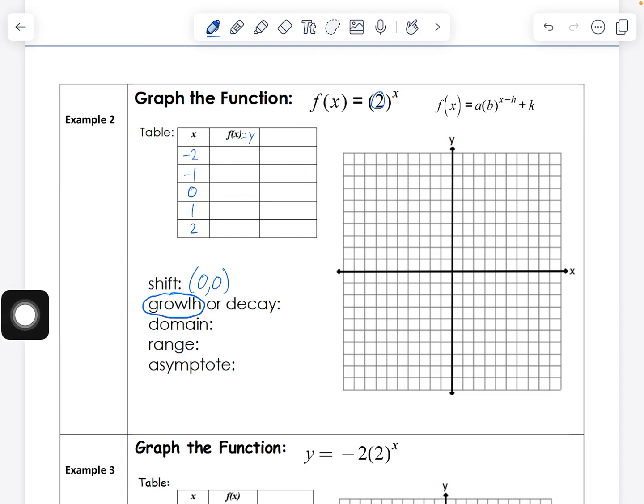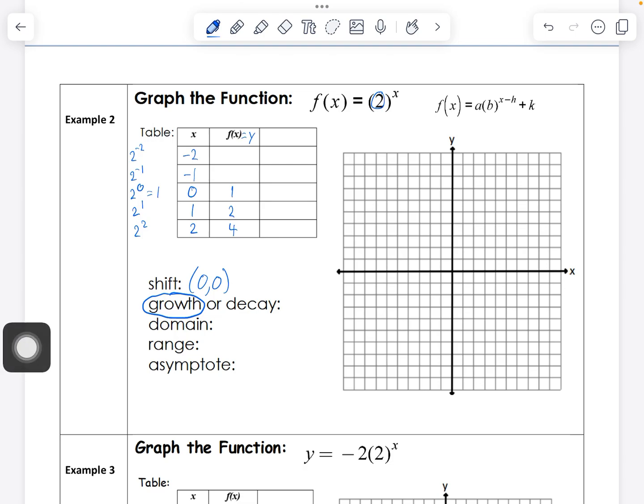So this one is 2 to the -2, 2 to the -1, 2 to the 0, 2 to the 1, and 2 squared. So 2 squared we've seen before. That's just 4. 2 to the first power would be 2. Anything to the 0 power is 1.